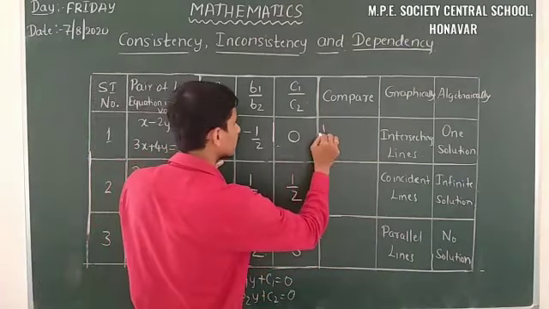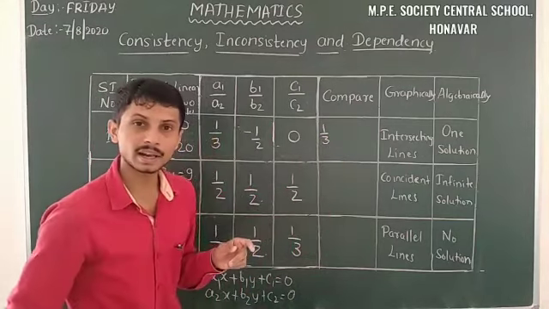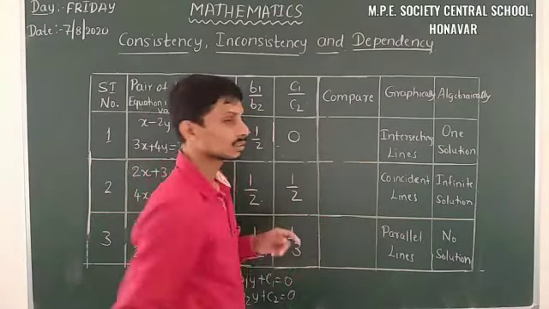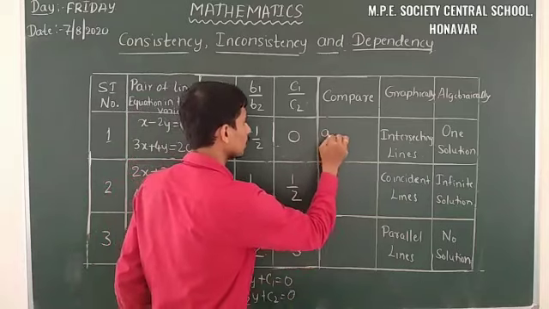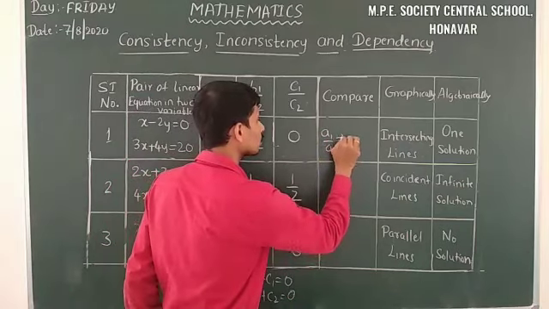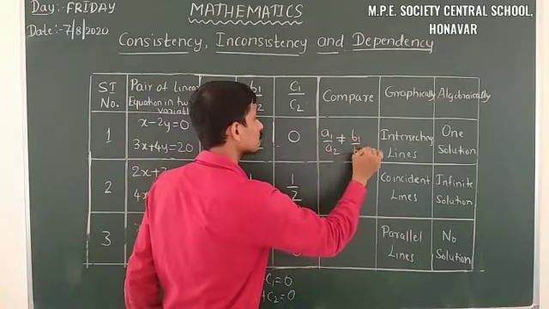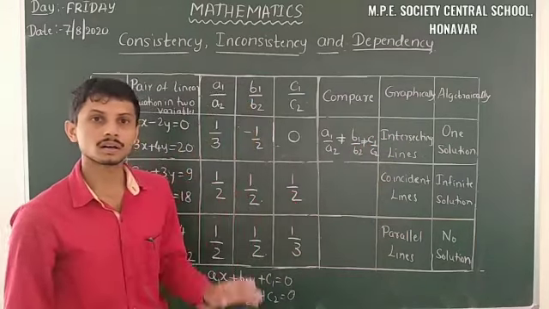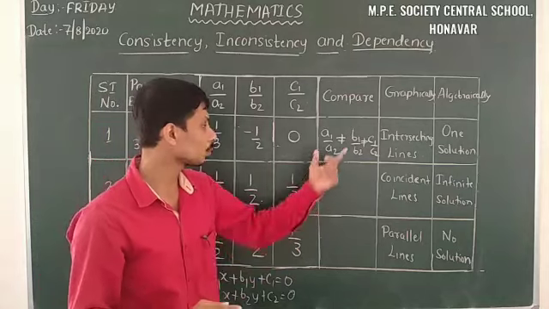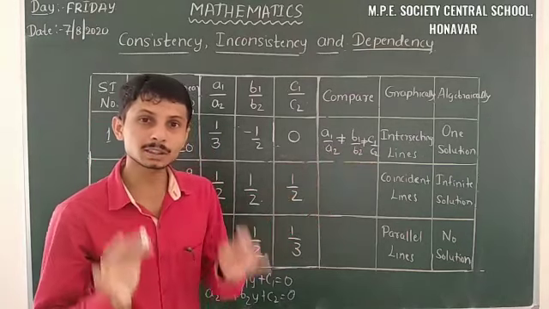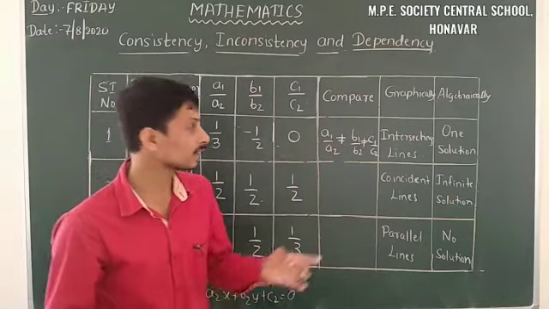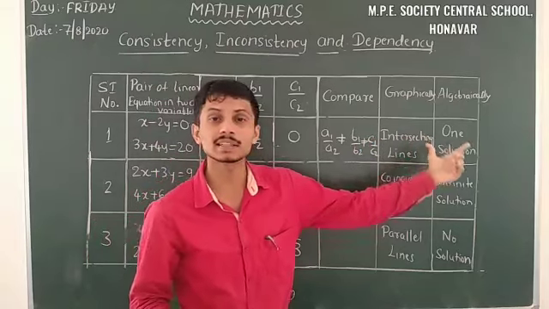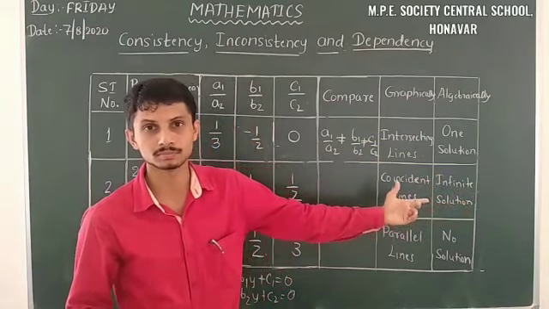Or we can directly take the ratios only. So a1 by a2 is not equal to b1 by b2, not equal to c1 by c2. When the pair of linear equations holds this condition, there must be graphically intersecting lines. It has only one common solution.